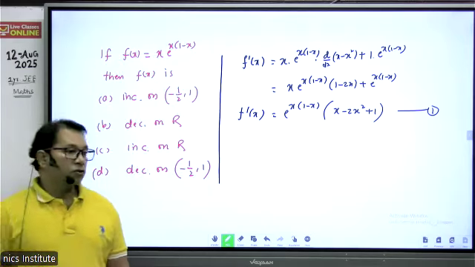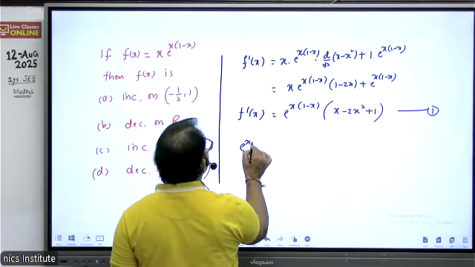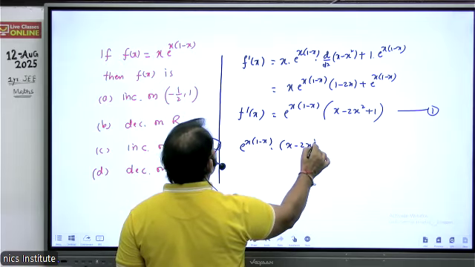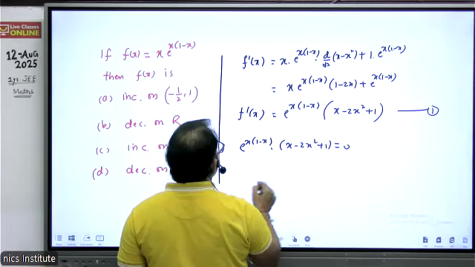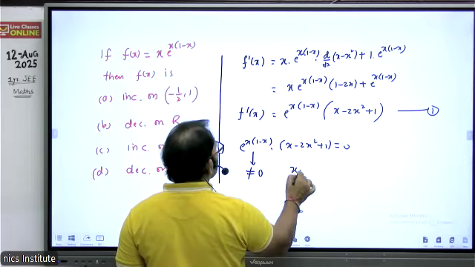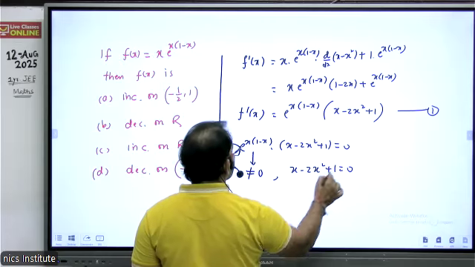Now equate this to 0. This cannot be 0 because e to the power something. That is x minus 2x square plus 1 is equal to 0.